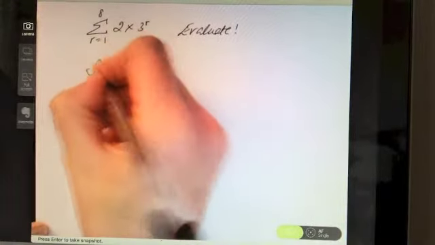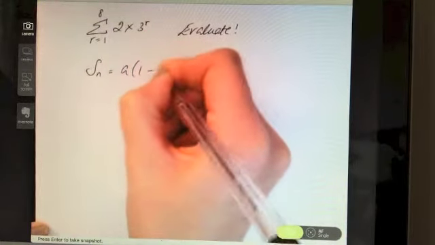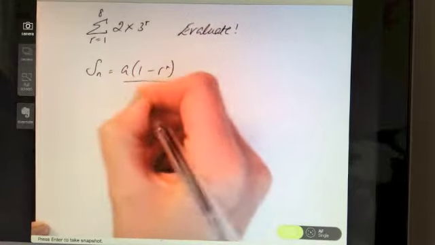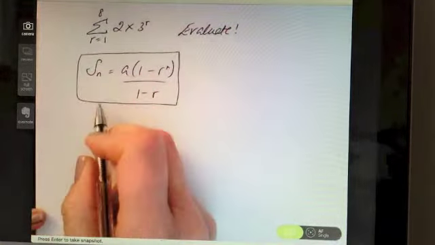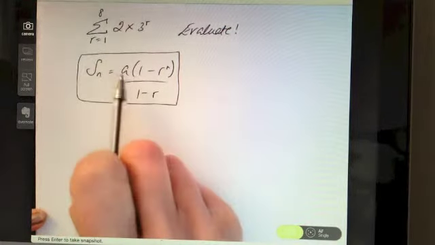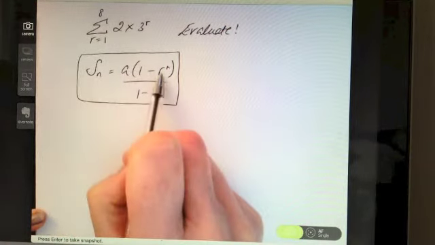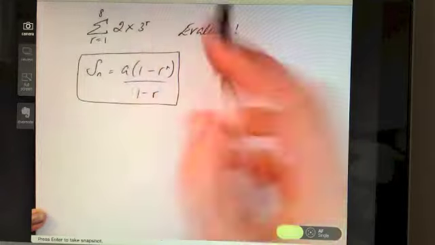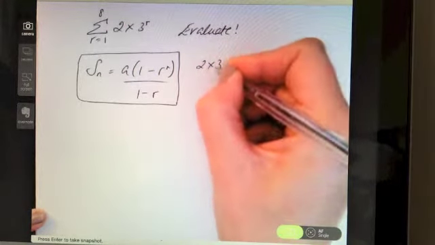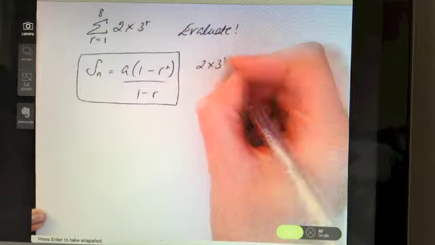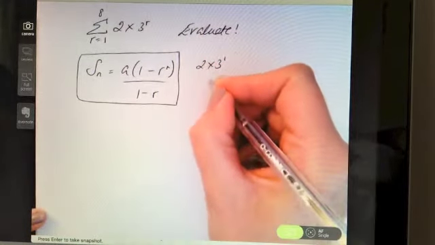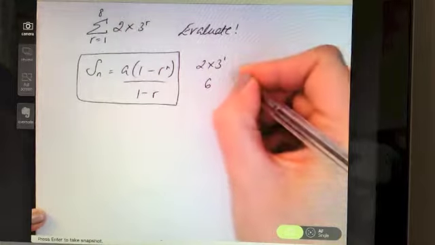So this is what I'm looking to fill in. And then I'm going to need to see what parts of this I need to work out. So obviously I'm going to need my a and I'm going to need my r. Looking at what I have here, the first term is going to be evaluated by subbing in r equal to 1. So there's the first term, 2 times 3, which is 6.